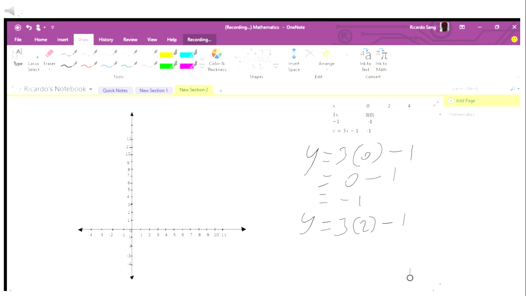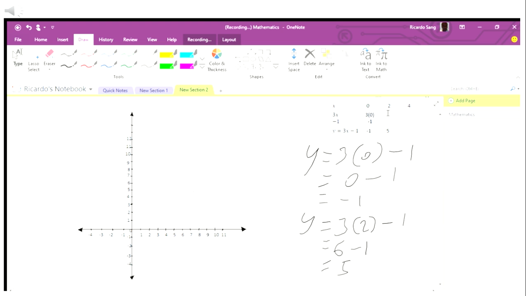Let's calculate that. 3 2s are 6, so that will be equal to 6 minus 1, which is equal to 5. So we can say that y here is equal to 5.